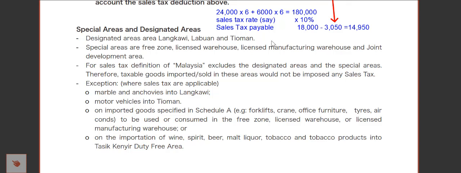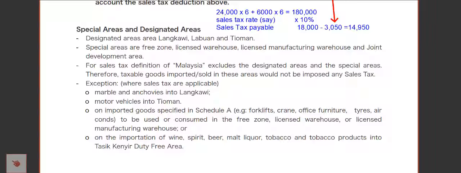Okay, all right. We have this thing called special area or designated area. What do you mean by special area or designated area? Now, designated areas are like Langkawi, Labuan, Tioman. Special areas are like free zone, licensed warehouse, and so on.